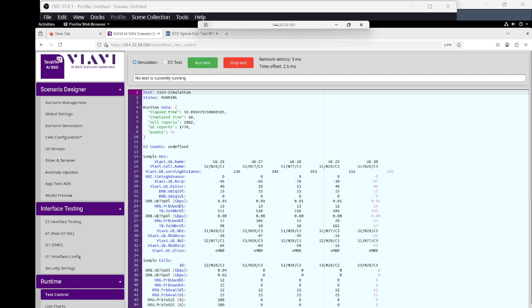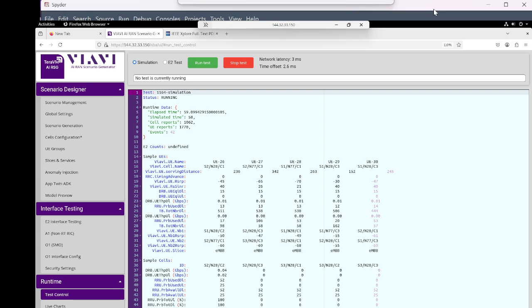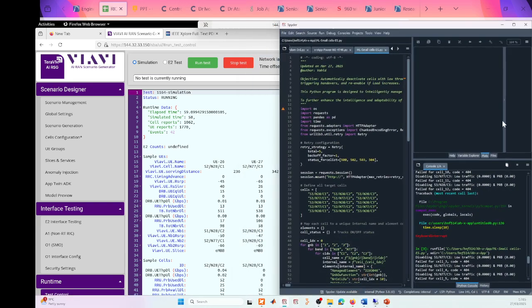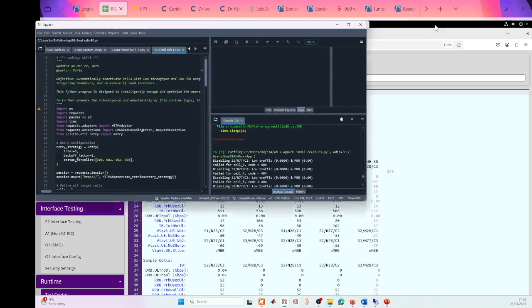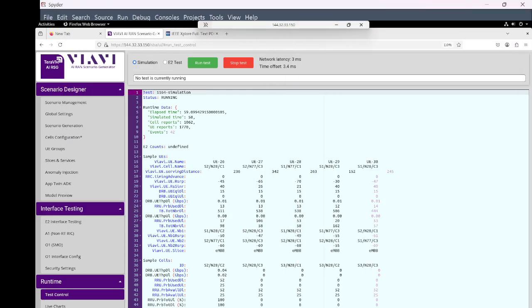Before running the simulation, I'm going to explain our xApp here and what's going to be done with that. This Python program is an intelligent control system.